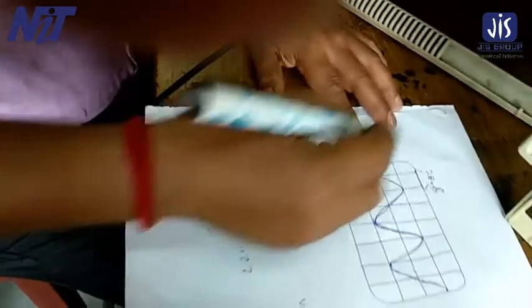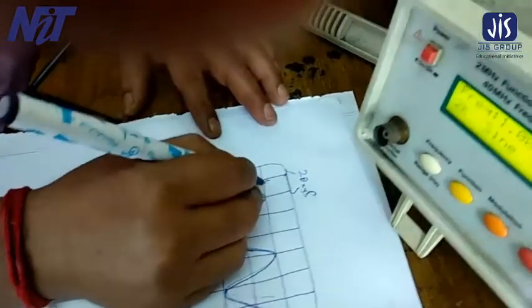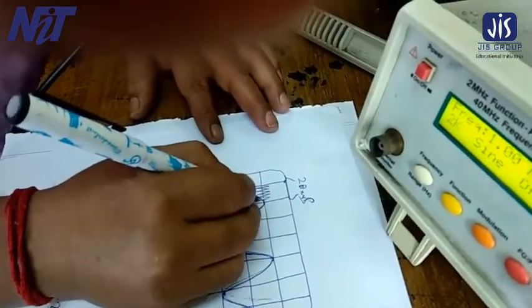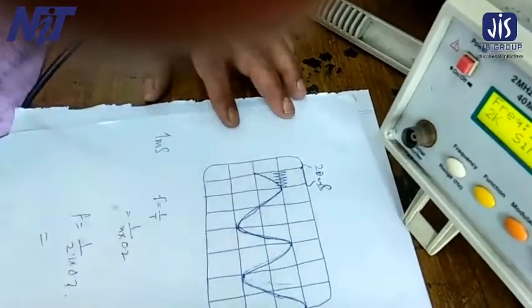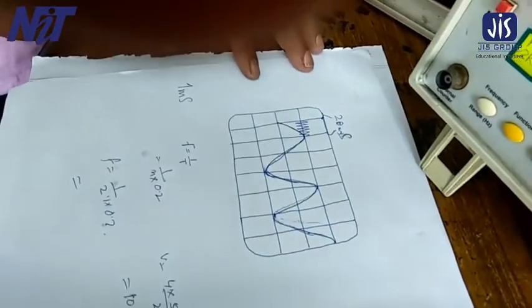That means in this one division you will be able to see so many, 20 cycles at a time. So how could you see a single particular waveform or cycle in this time base?